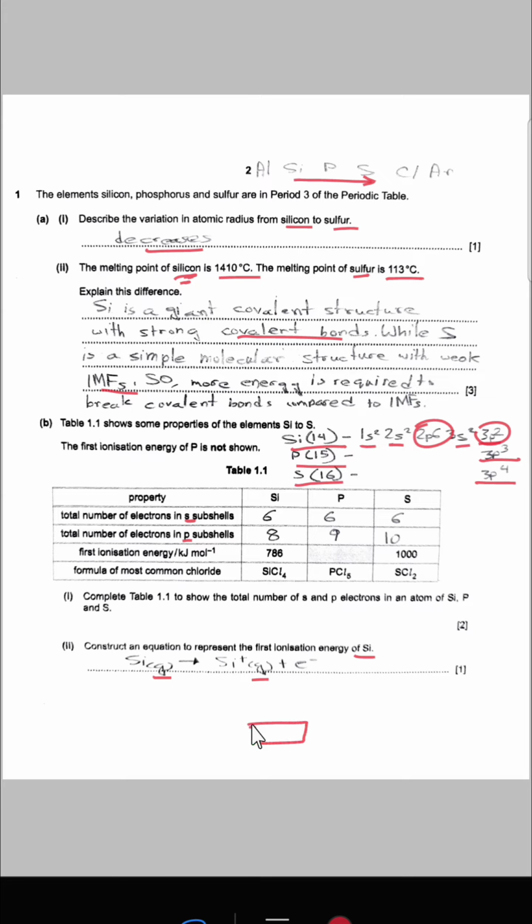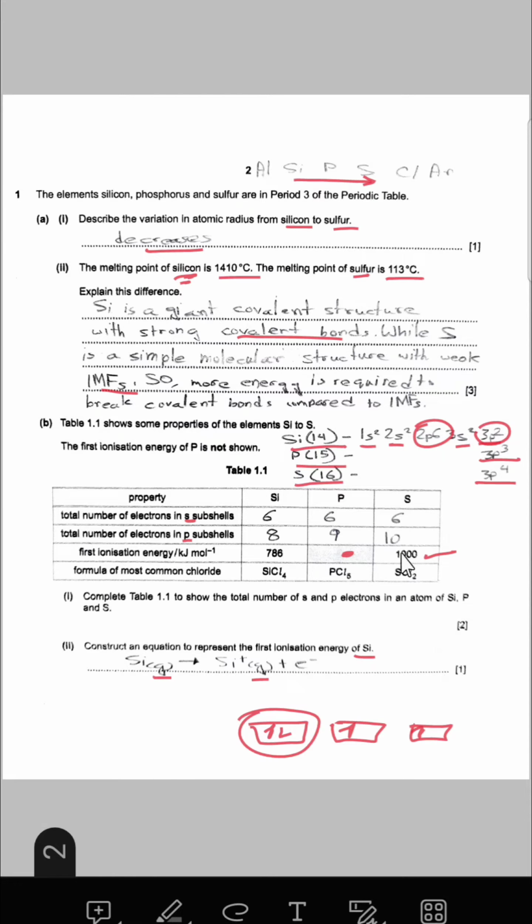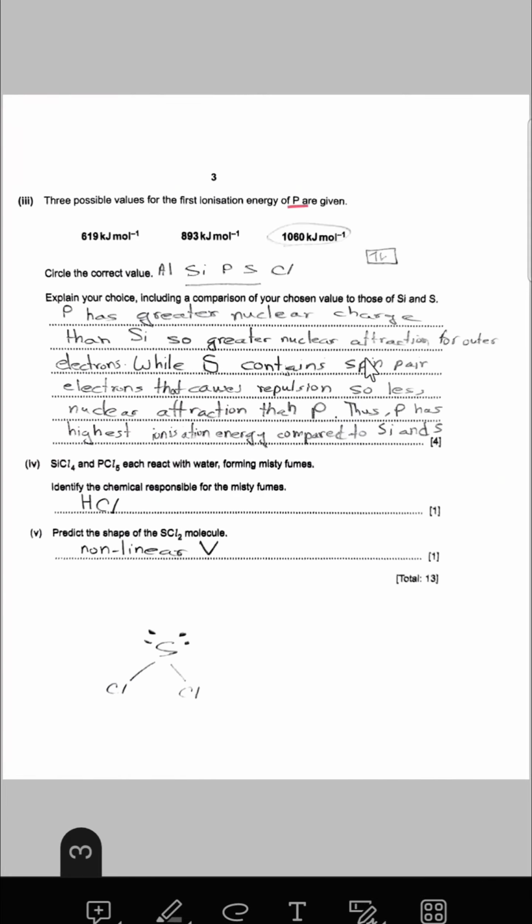For sulfur in the 3p orbital, as it contains 4 electrons, there is a spin pair of electrons that causes repulsion. Thus the first ionization energy for sulfur is less than phosphorus. So phosphorus has the highest first ionization energy, a value greater than sulfur and silicon, that is 1060.